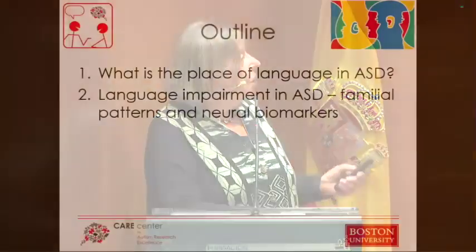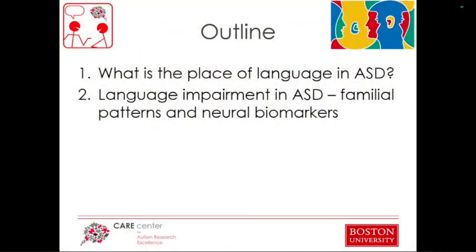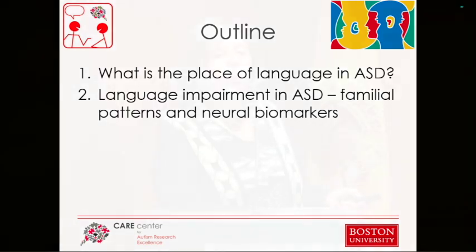Okay, so the outline, I'm going to start off by speaking about what the place of language is in the disorder of autism. We'll talk about what kinds of language impairments we see in children with autism and also in family members, and then move into the work that we've been doing on trying to understand the brain bases of these differences in language.